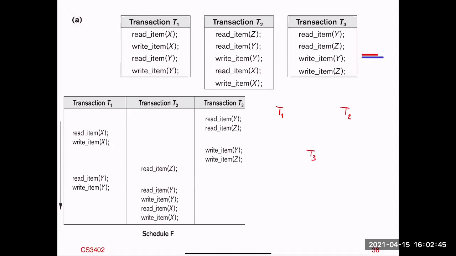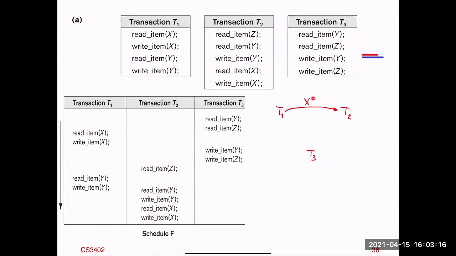Any edges that I should add? Any suggestions? Right, so I need to add an edge from T1 to T2. And I will label it with what? Yeah, definitely X.